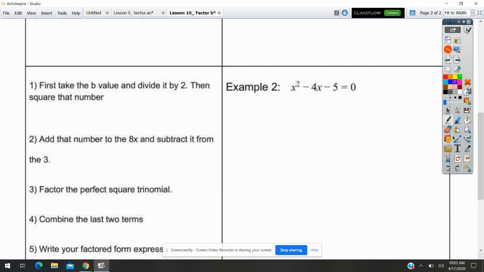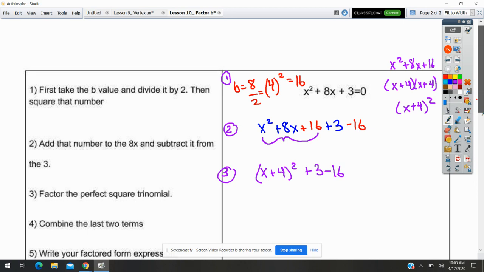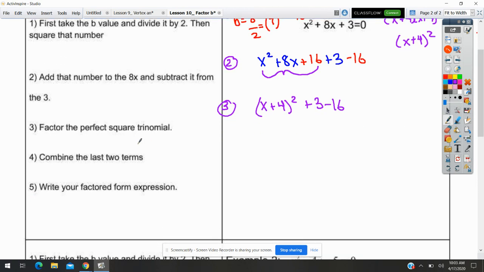And then the last thing we're going to do is combine the last two terms. Our last two terms are 3 and negative 16.